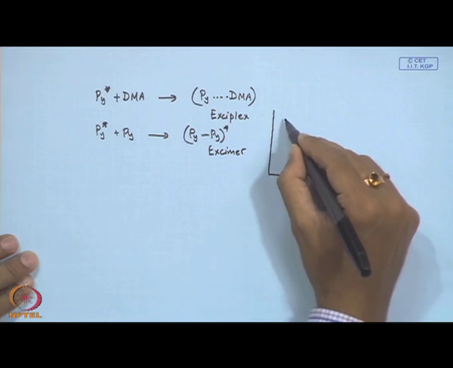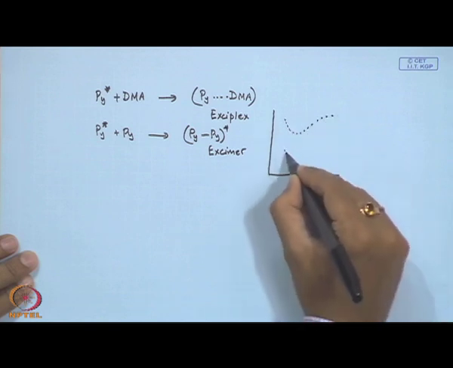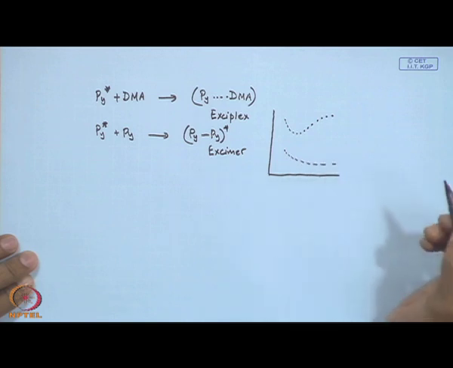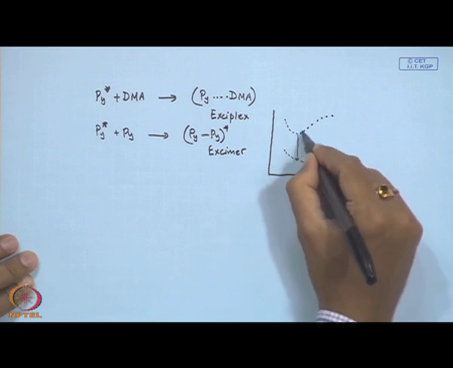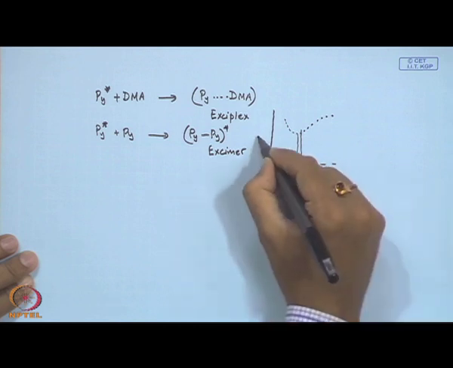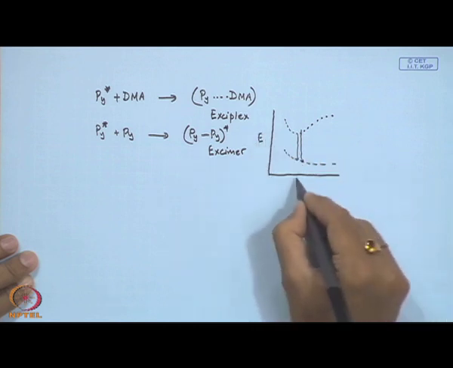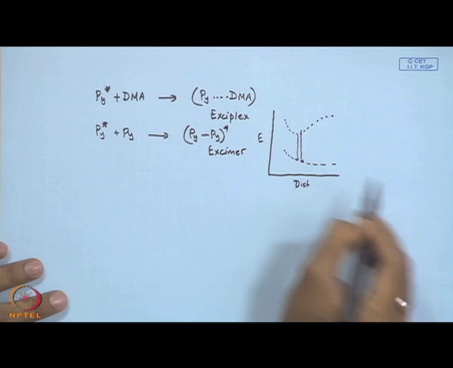So, the excited state may have some definite minima, but in the ground state there is no interaction. So, maybe you can expect a difference in emission behavior. This is your energy and this is your distance. In the ground state there is no interaction, but in the excited state there is interaction.